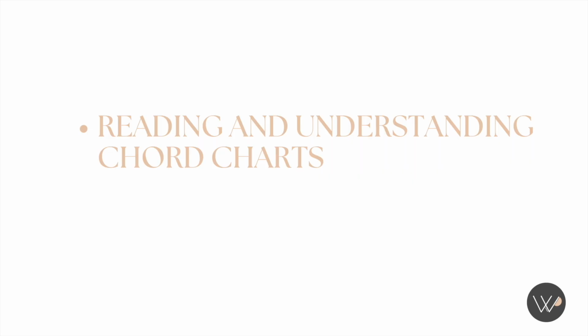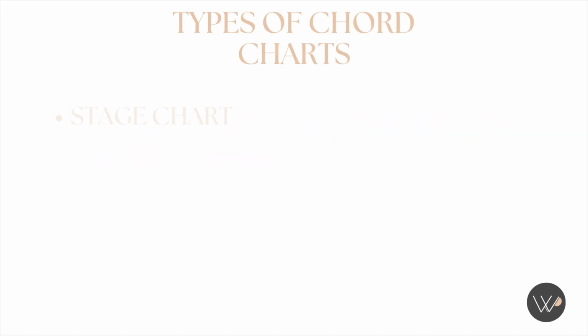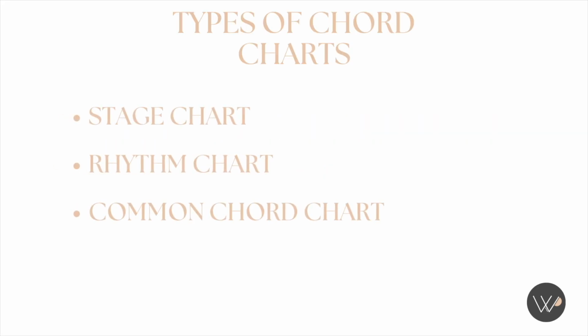So let's talk about a few different types of chord charts. There's three types of chord charts specifically that I would like to talk with you about. One of them is a stage chart. One of them is a rhythm chart, which we have already had a sneak peek at.